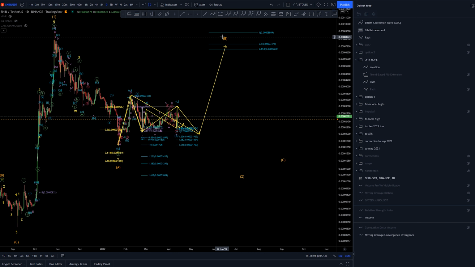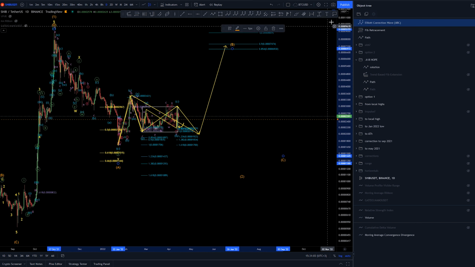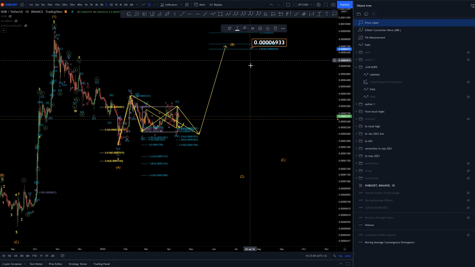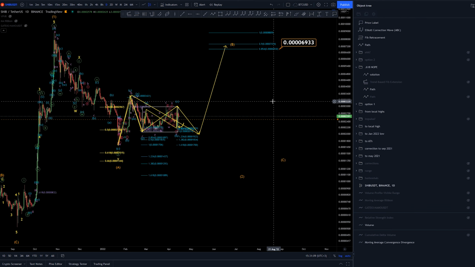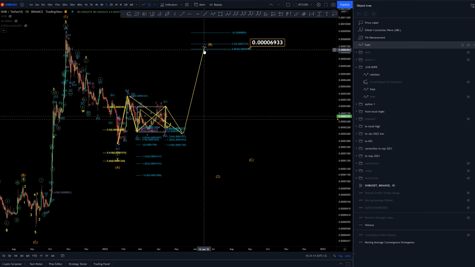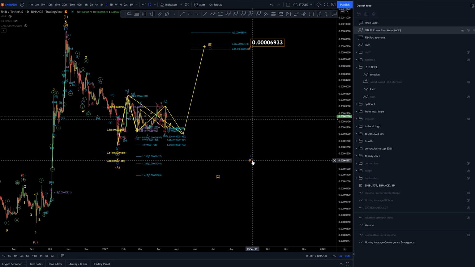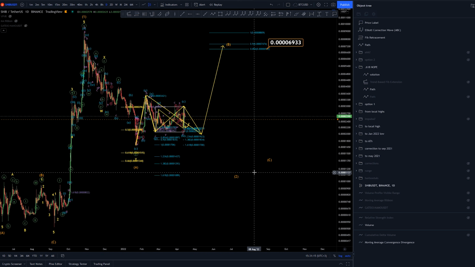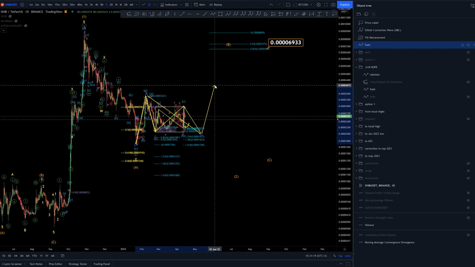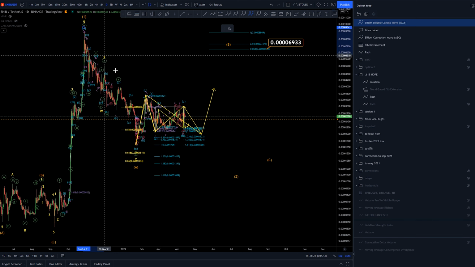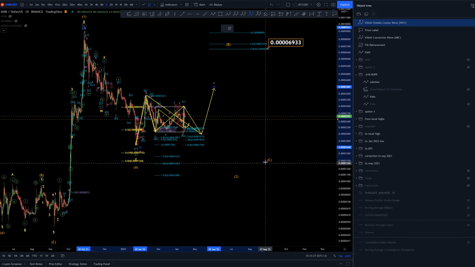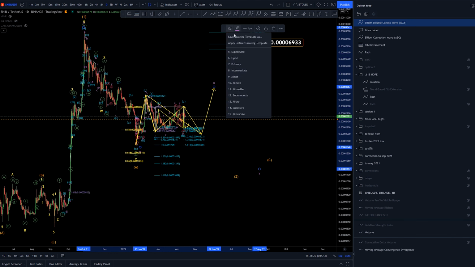But again, for it to be a B, it needs to come above this area for 4069. After that we will be looking at again a massive dump, but yeah, most likely I would assume it's a WXY connecting this structure here with this one for the last leg here.